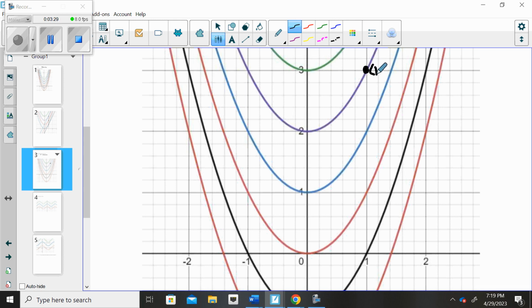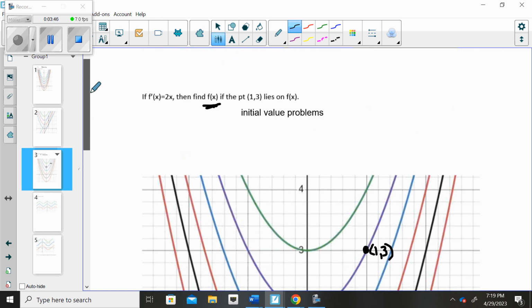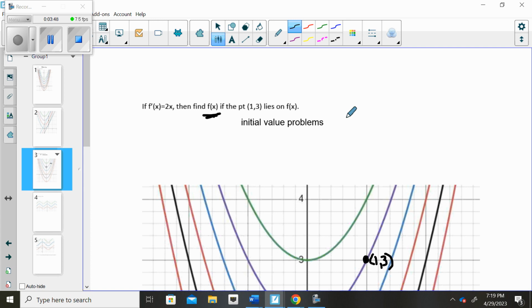Okay, so if I know one point on the curve, then that can allow me to narrow the curve down to one single curve out of infinitely many. So in this case, the constant would have had to have been 2. So I can see that on the graph, but normally we don't graph the functions to see that. So then I do this algebraically.